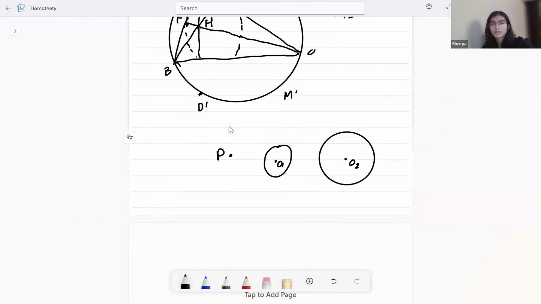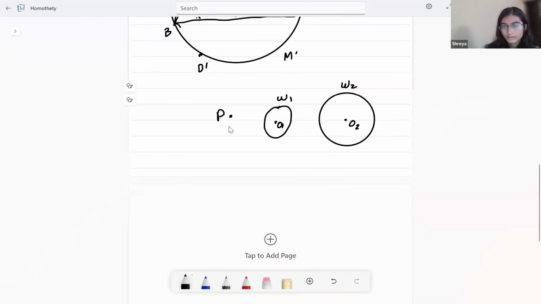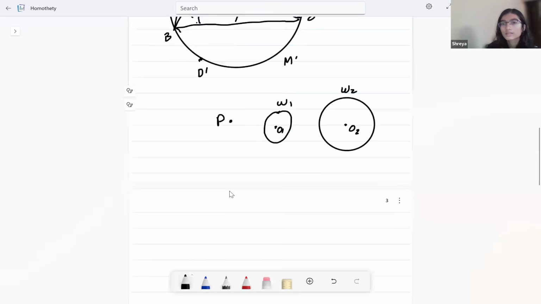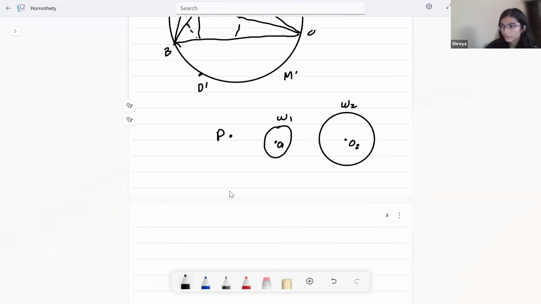So if O2 is the center of omega 2, then the center of omega 1, O1, will be the image of O2 in the same homothety. We can prove this formally, but intuitively it makes sense because it should preserve all the geometric structure.